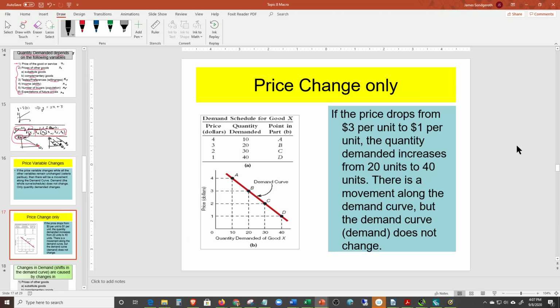If the price change is from $3 to $1, quantity demanded goes from 20 to 40. There's a movement along the demand curve from this point. What does it drop to? $1 here. So there's a movement along the demand curve. The demand curve itself remains exactly as it is. There's no change in demand. That can also be confusing. There is no change in demand.